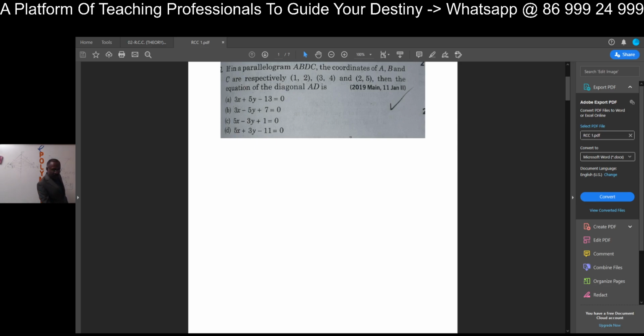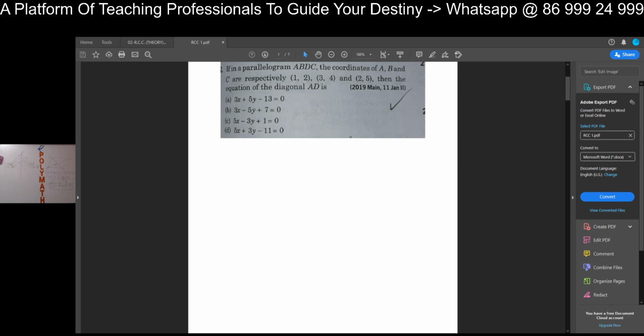It is given to be ABDC. ABDC is the parallelogram given.